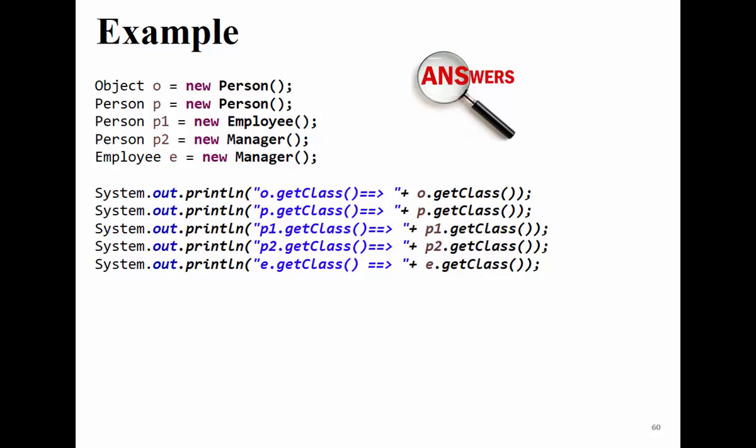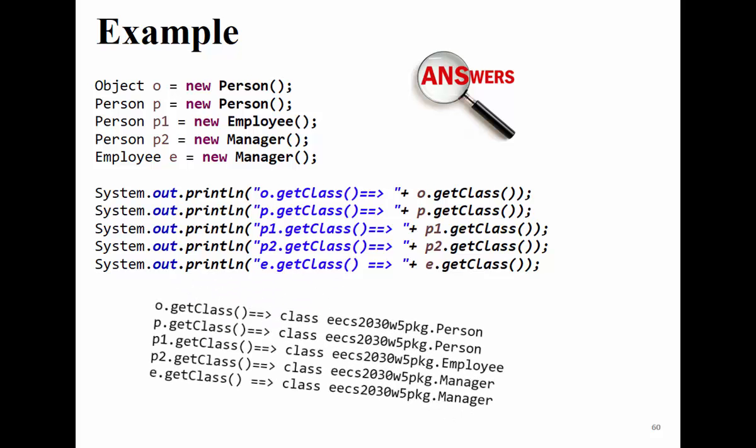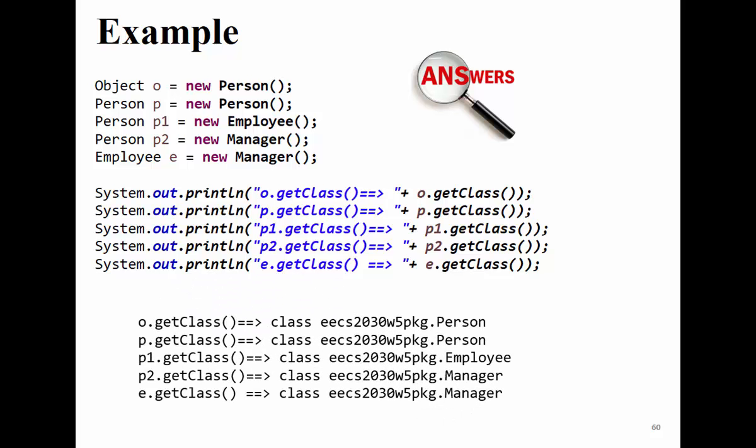For P1, the declaration type is Person, but it is a new Employee, so I use the Employee class. So when I use P1.getClass, I will have Employee. For P2, I will have Manager, and E will have Manager. And you can see that the output even includes the name of the package, then the name of the class. P1 will have Employee.